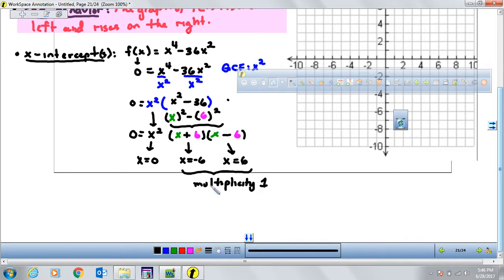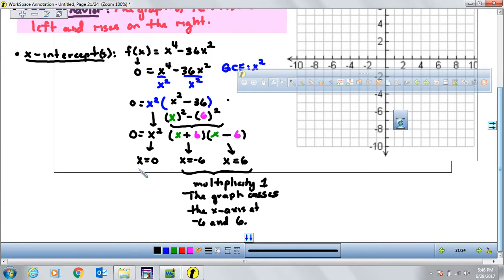Keep in mind that a multiplicity of 1 is an odd multiplicity. So that means that the graph of the function crosses the x-axis at each one of those two. So we're going to say the graph crosses the x-axis at negative 6 and positive 6.